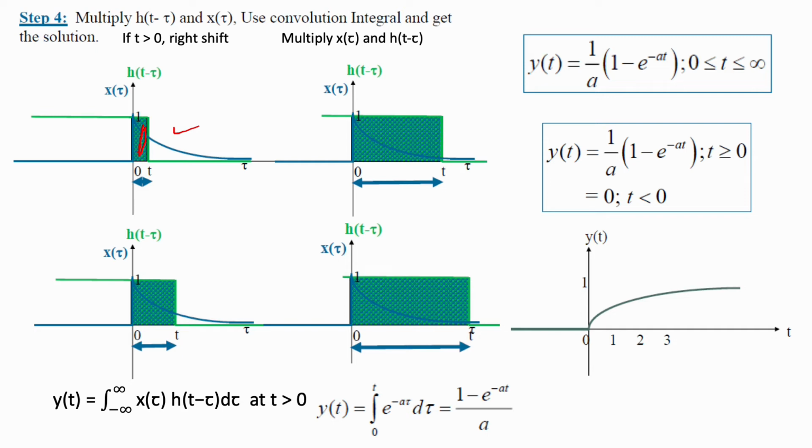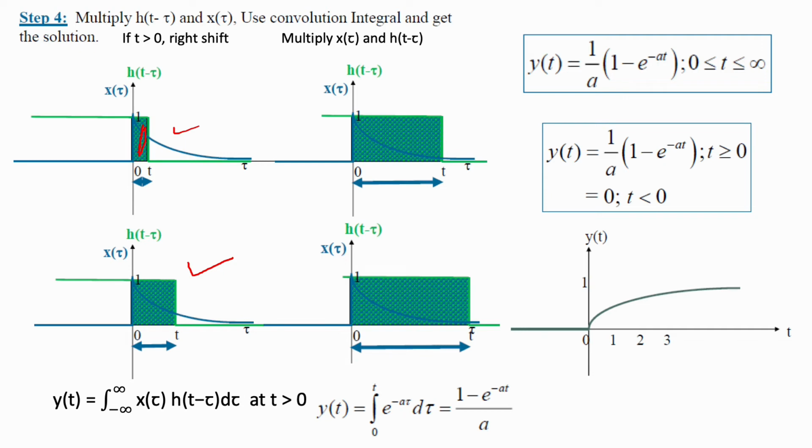the signals. What is the amplitude? This amplitude is 1. This is exponential, e power minus tau. And what is the limit? 0 to t. So for this signal, this is the limit. Now similarly, if you shift the signal a little bit, you will get this part.